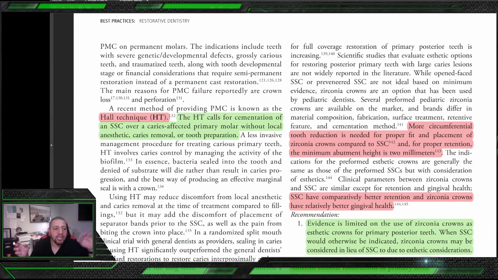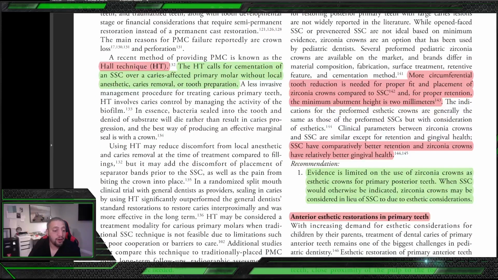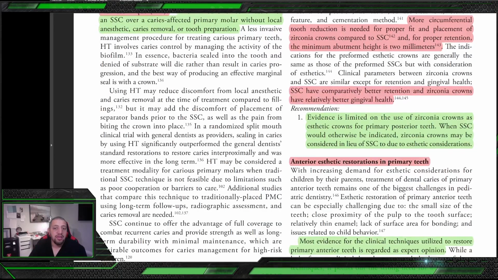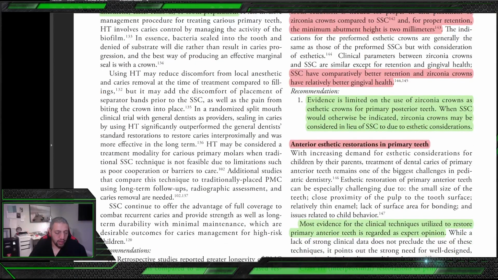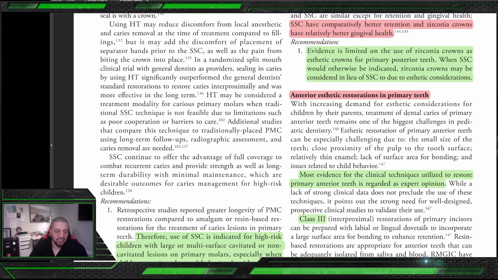So he thought, if we cover this tooth with a stainless steel crown, with no anesthesia, with no tooth preparation, we are making sure this is a sterile environment, away from bacteria, away from plaque, so the caries will not progress more. And honestly, this is a weird technique, but he did some studies about it, and the success rate was amazing. Success rate is almost the same as if you do a pulpotomy and stainless steel crown, which is honestly weird, but this is what you can see here.